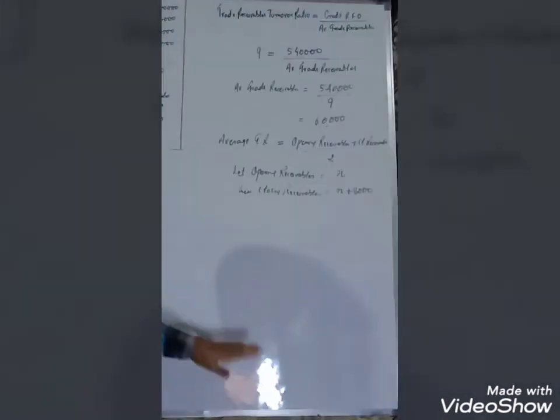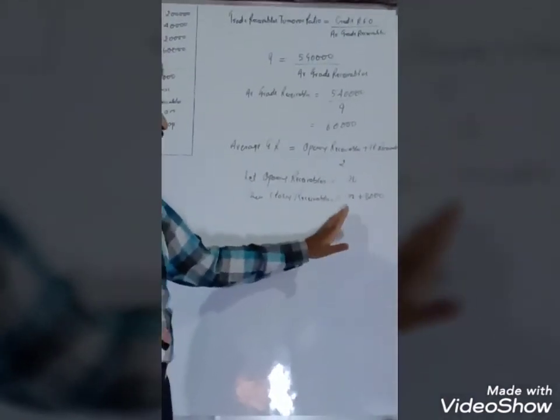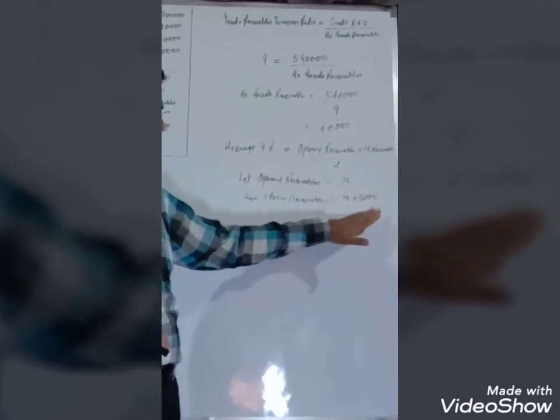Closing receivables are rupees 8,000 more than the opening receivables, so if opening receivables are X, then closing receivables will be X plus 8,000.